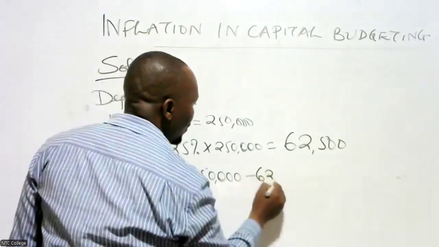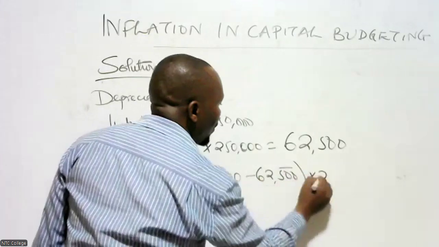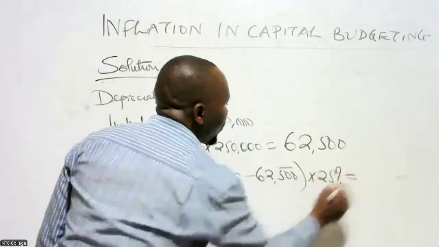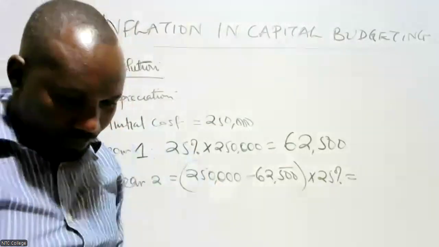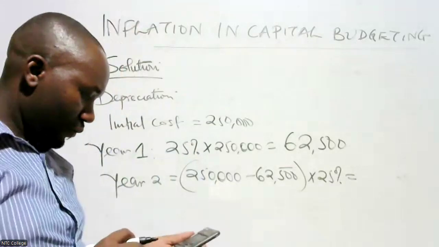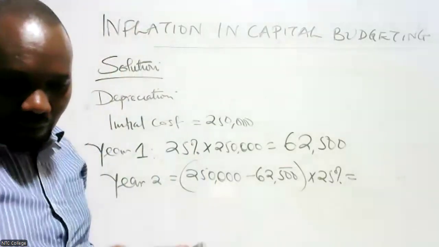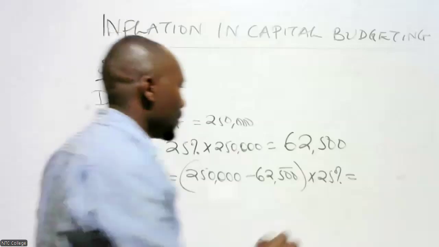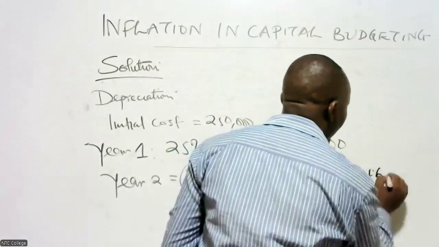The balance is now times 25%. What are you getting? 46,875. That is our depreciation for the second year.